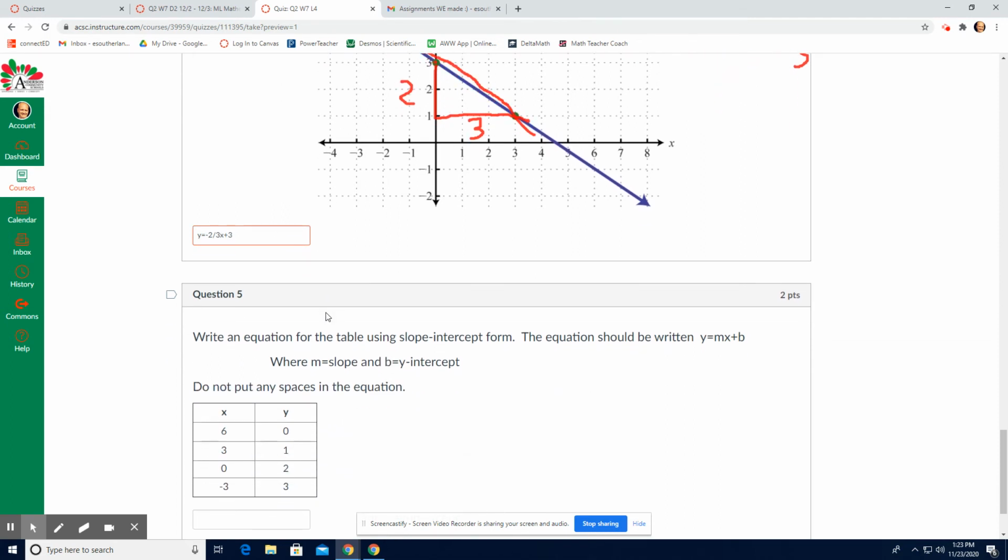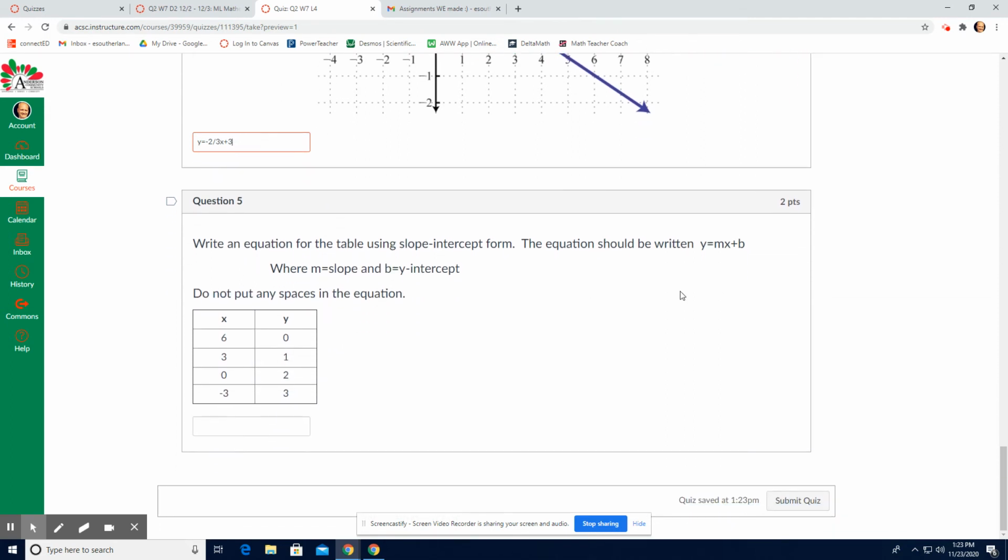Looking at question number 5, this says write the equation for a table using y equals mx plus b. So we need to know what b is. In order to do that, we've got to find where x is 0. X is 0 right here, which means that our intercept is a positive 2. Our slope then would be, from here to here, it's going plus 1.